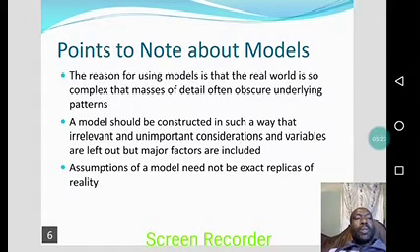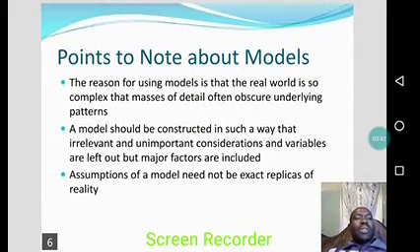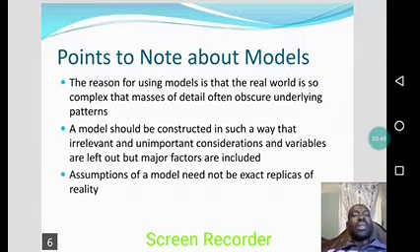Because if you're to look at the entire real world as it is, it becomes very difficult for you to understand the underlying patterns. So you need to simplify reality, and then you come up with a model or a theory that will explain the pattern of relationships among the various variables that you are trying to study as an economist.